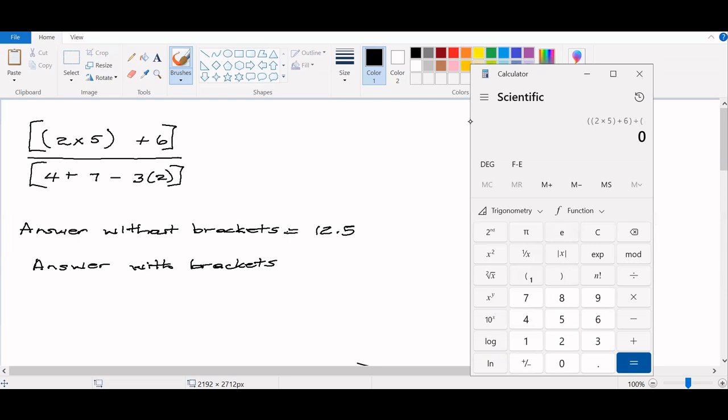So now I can go to the denominator, 4 plus 7 minus, and what I want to ensure is that this 3 multiplied by 2 is done, and not that everything here gets multiplied by 2. So I put it in a little bracket so that I can ensure that. You see, that's what the brackets are.